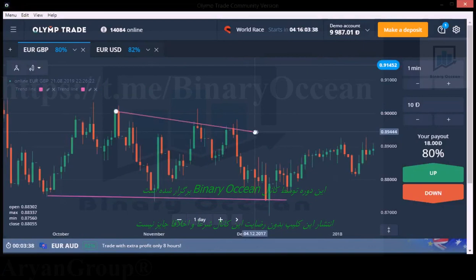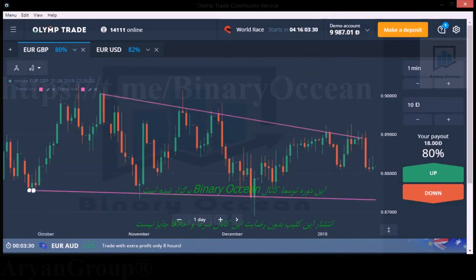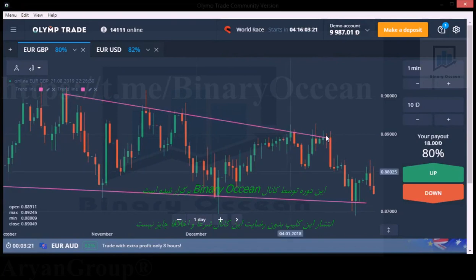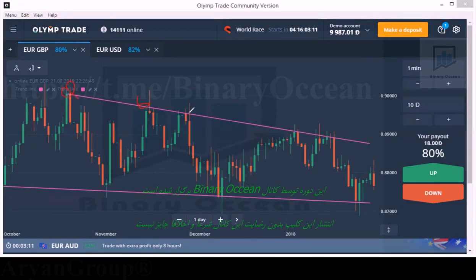Yeah, this is the seller's entry point. This is the buyer's entry point. Okay, the buyer's entry and seller's entry will be our exit points and our entry points too. So here a seller's entry, so we can enter with sellers here.